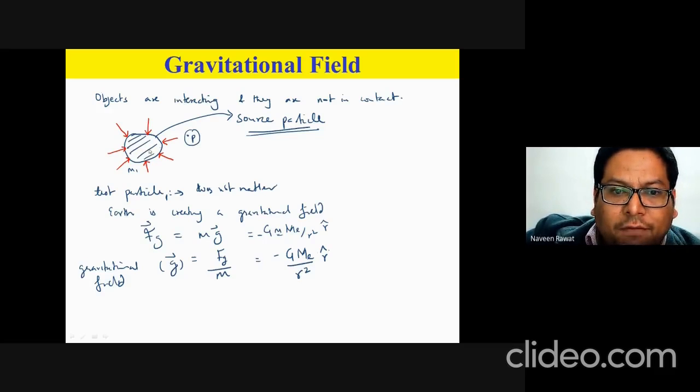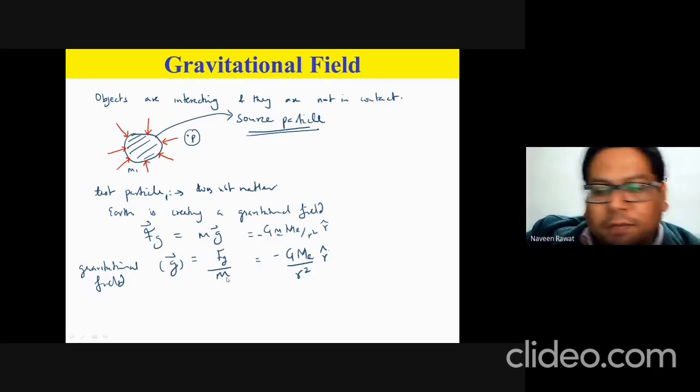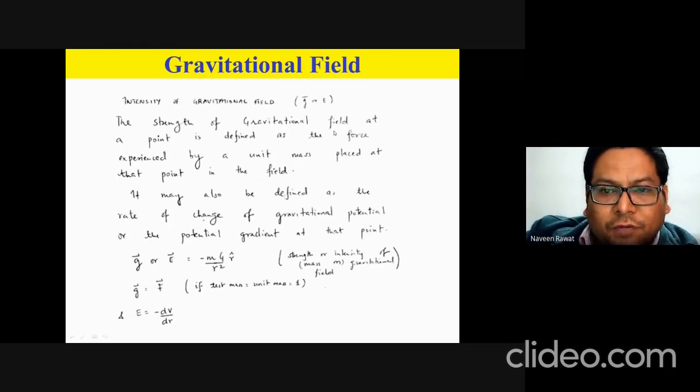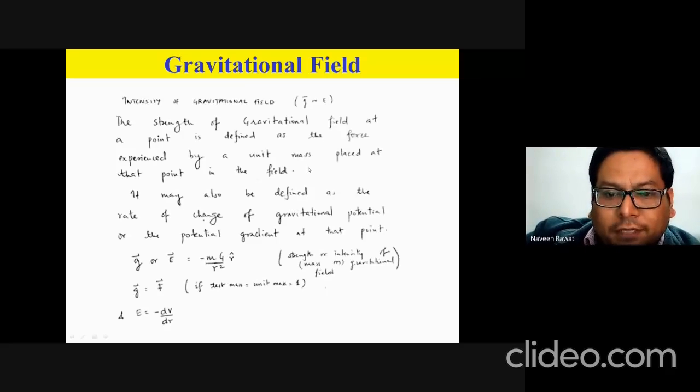We quantify it as the amount of field existing at that particular point for any unit mass. That is how we define the strength of the gravitational field: the force experienced by a unit mass placed at a certain point where we want to find the field.